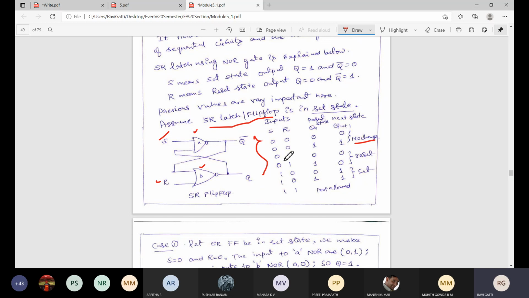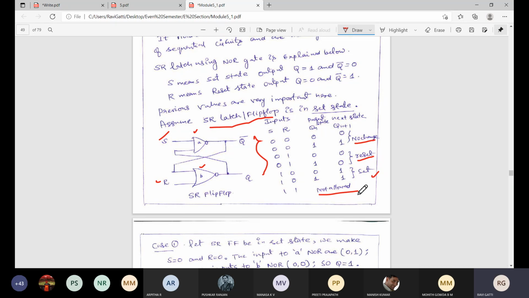When S is equal to 0 and R is equal to 1, Q will become 0 and Q bar will become 1, so we call it a reset state. The third condition, when S is equal to 1 and R is equal to 0, we are setting the value of this flip-flop, so we call it a set condition. For the last case, S is equal to 1 and R is equal to 1, we call it not allowed, or an undefined condition.